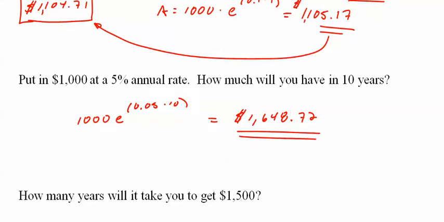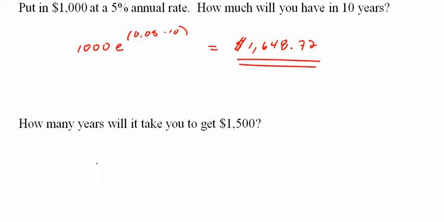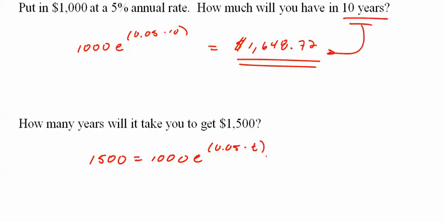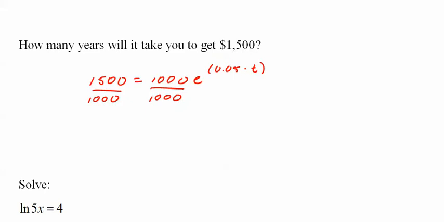All right. How many years will it take you to get $1,500? Well, you'd say, 1,500 started with 1,000 at 0.05. By the way, it took 10 to get here. I'm going to guess 8, 9, somewhere in there, times t. Uh-oh, how do we do that? Take the natural log of both sides.